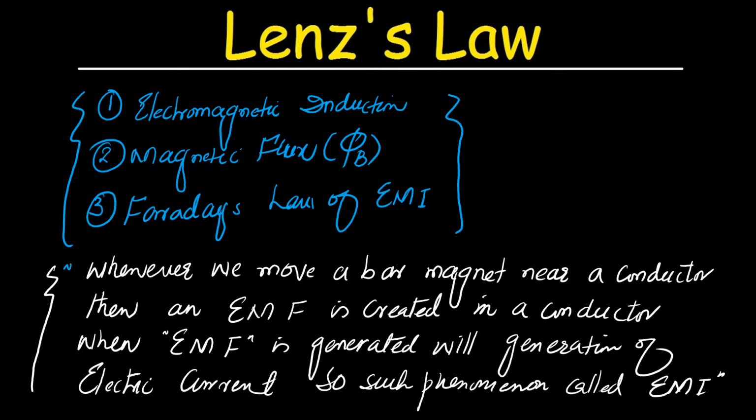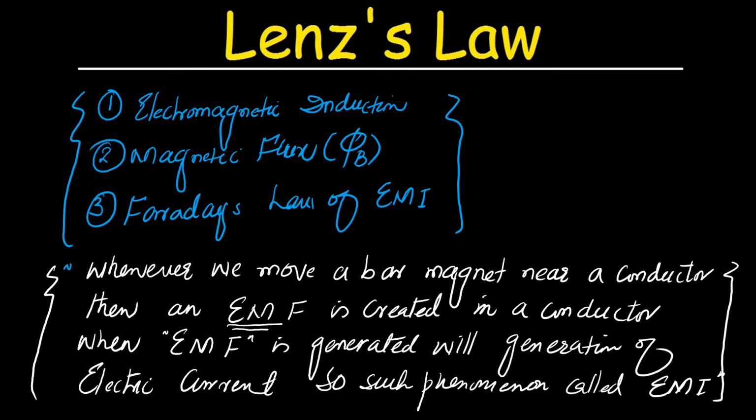So in simple words, whenever a bar magnet or any kind of magnet is moved near a conductor, the motion of the bar magnet causes a generation of an electromotive force.